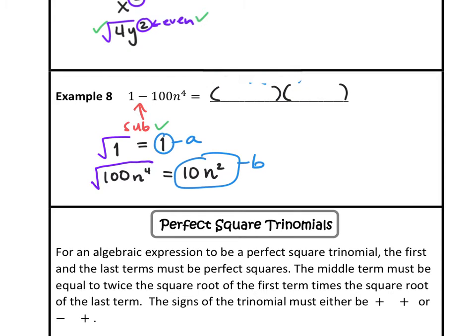I spaced it out wrong. So we're going to do a plus b in the first parentheses and a minus b in the second parentheses. That looks better. So in the first parentheses, we're going to do a plus b. So what I circled first plus what I circled second. So it's going to be 1 plus 10n squared, and then 1 minus 10n squared. And that should be my answer.